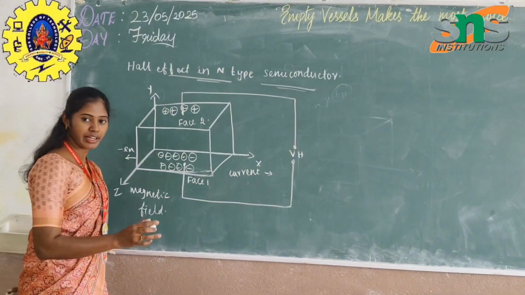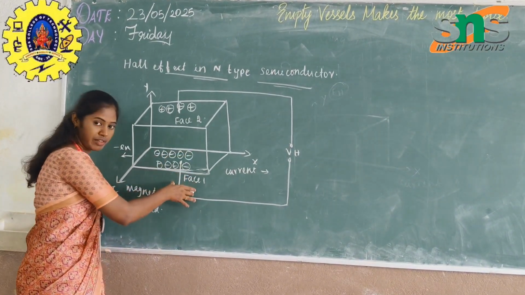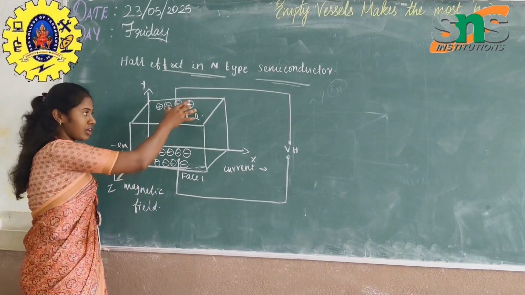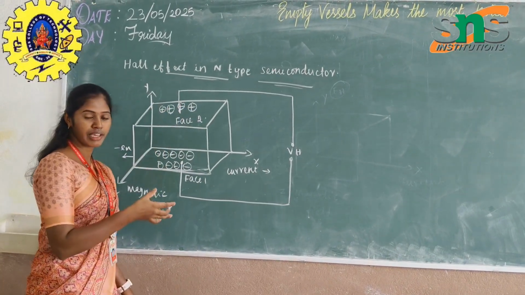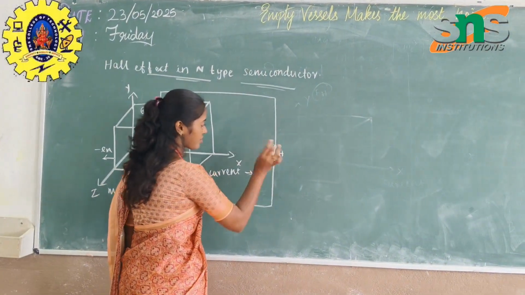For an N-type semiconductor the majority carriers are electrons, so the electrons are accumulated at face 1 and the holes at face 2. This produces a potential difference, the Hall voltage VH.